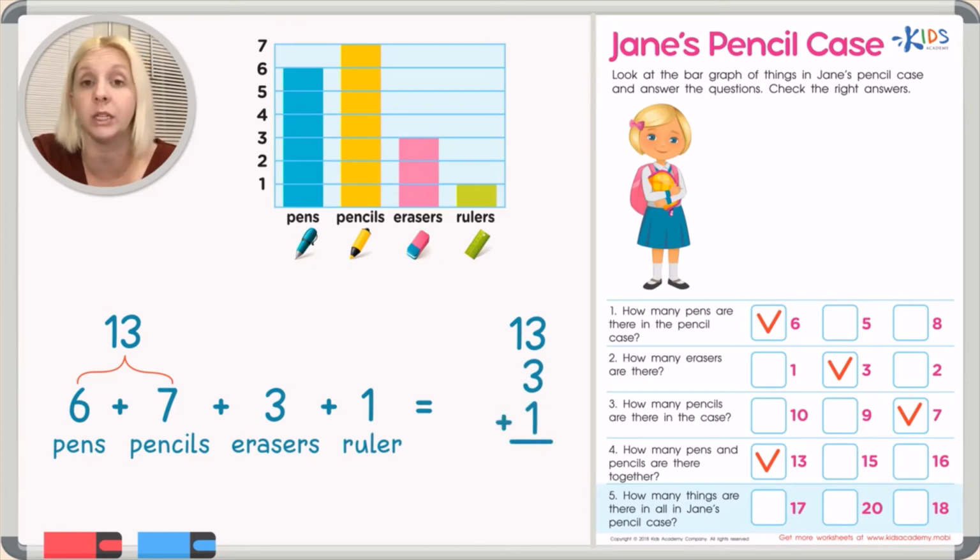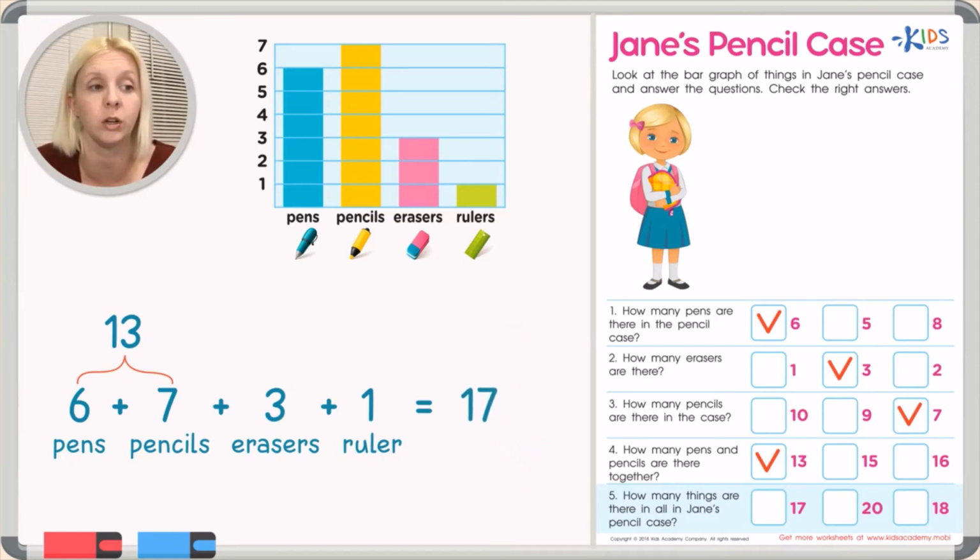So 3 plus 3 is 6, plus 1 is 7. Okay, and then I'm going to take the 1 and I'm going to bring it down, which gives me this answer. This is how many things there are in all in Jane's pencil case. So what is the answer? The answer is 17. So let's find that down here and put a check next to the number 17.